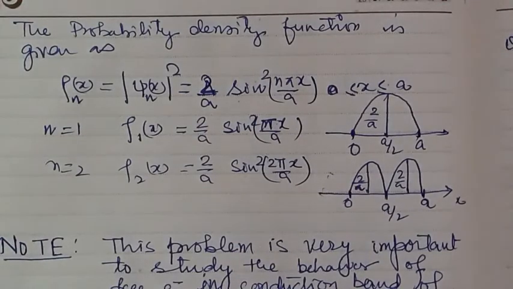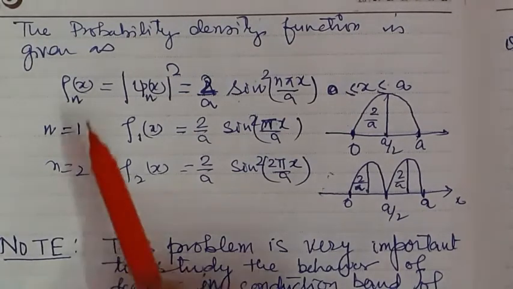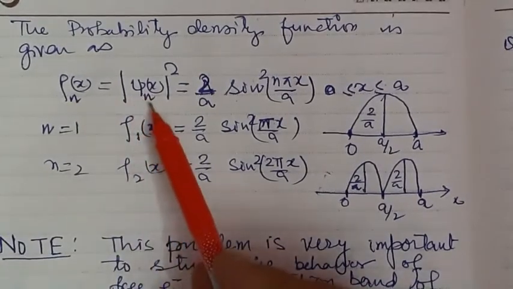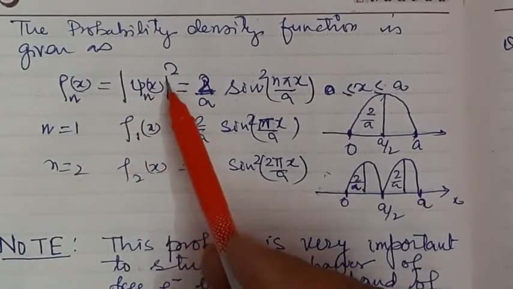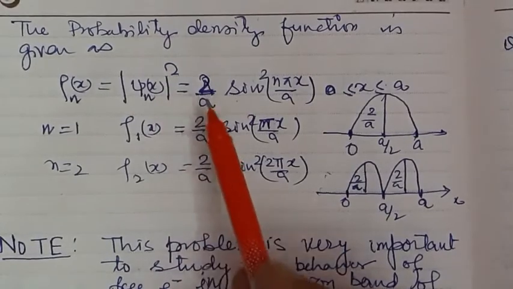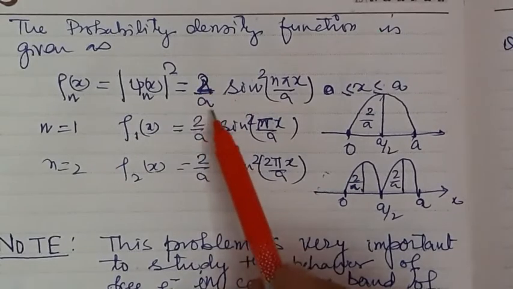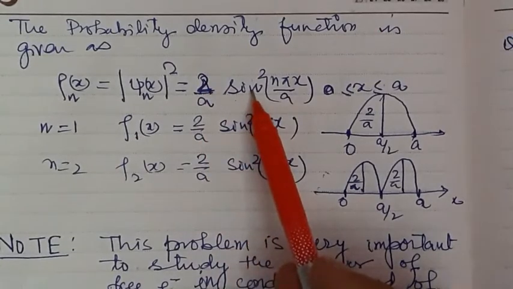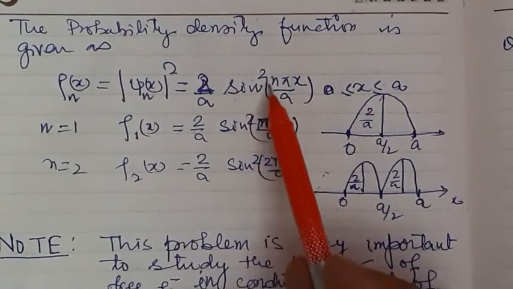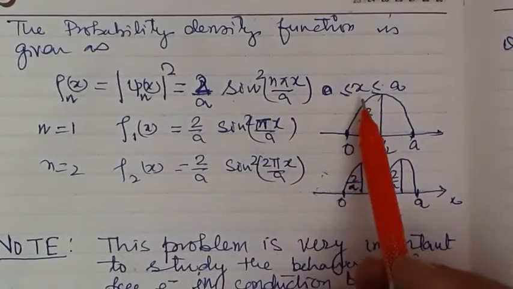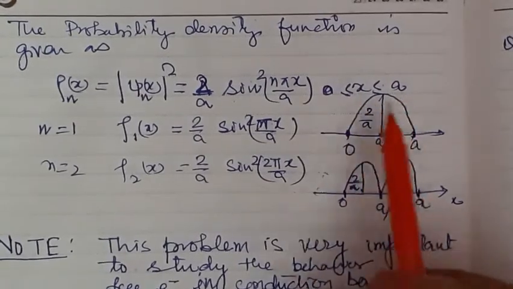Now another important parameter is the probability density function. Let's say this is defined as rho n of x, given by the mod of psi n of x squared. That gives us the general form 2 by a sine square of n pi x by a, where x lies between 0 and a.